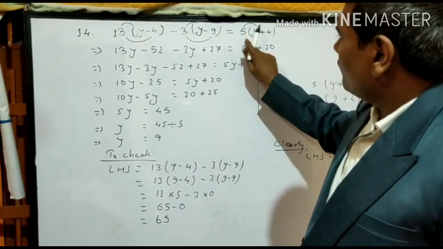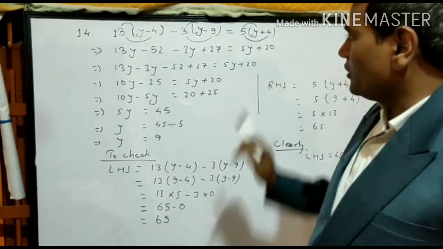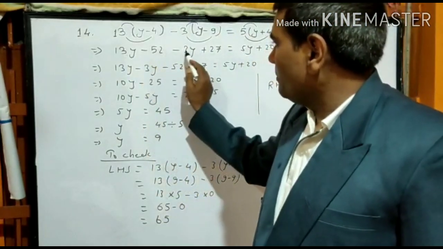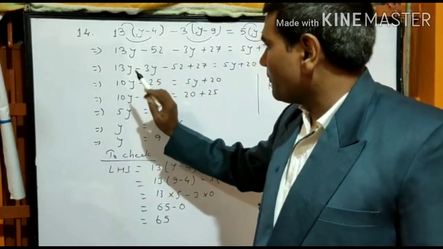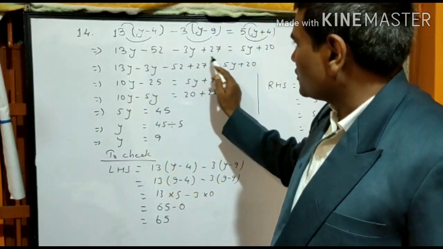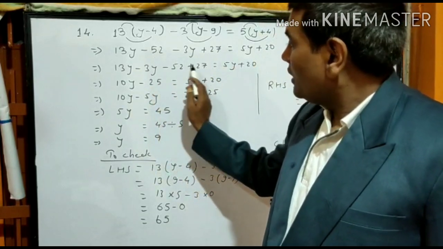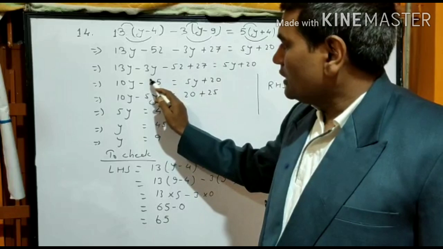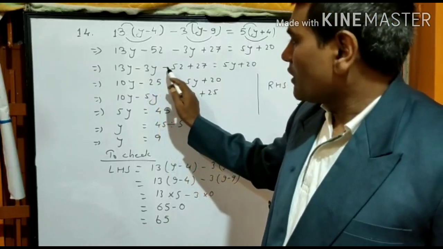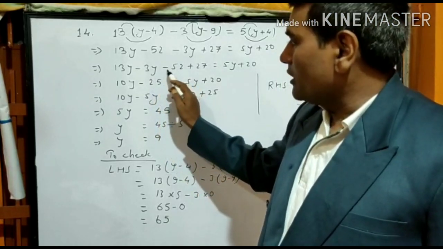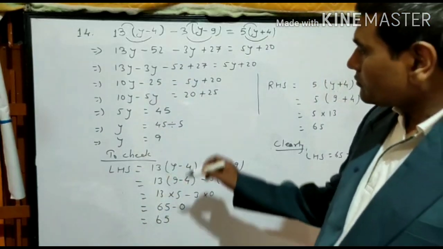Here also 5y, 5 4s are 20. 13y minus 3y, it is 10y. Minus 52 plus 27, two types of number, so it will be subtracted 27 from 52 and it is 25. Sign of bigger number is minus, so write here minus.